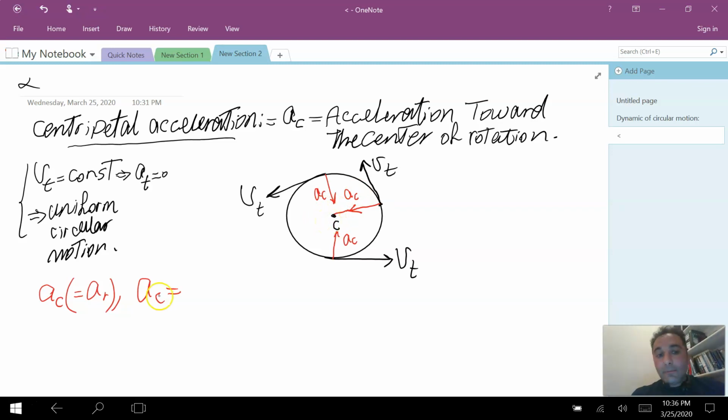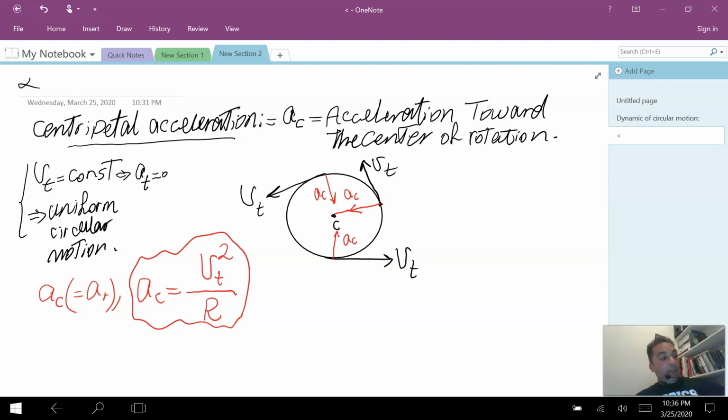The relationship is this: AC is Vt squared divided by the radius R. That's all. As I said, the proof is in your book, so please go look at it. The proof is simple.